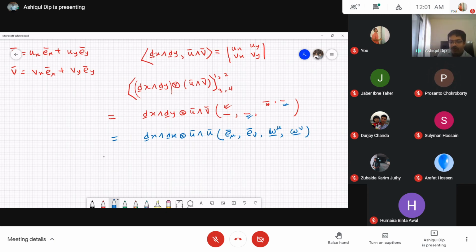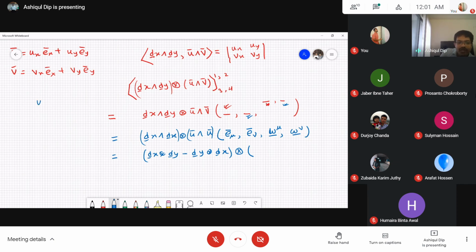Okay, so let's do it explicitly. Expand these wedge products first. If you expand those, you get dx times dy minus dy times dx, right? This is one thing. Then times u wedge v, you need to perform that.